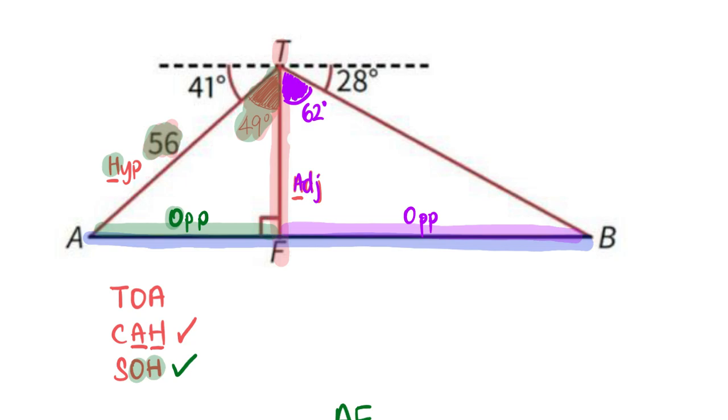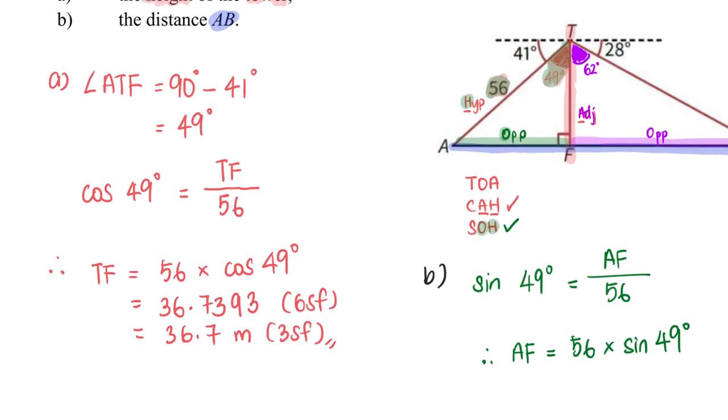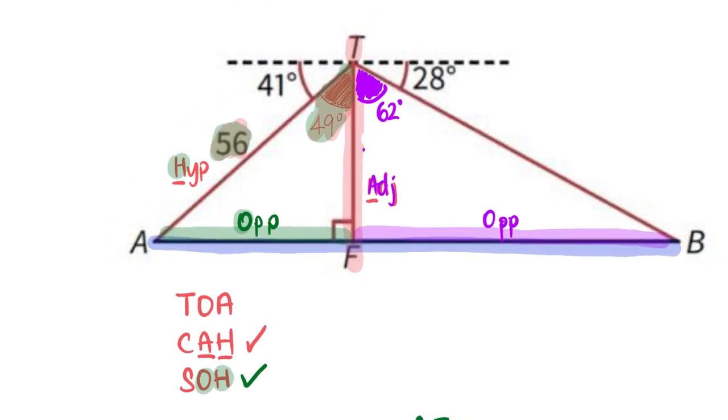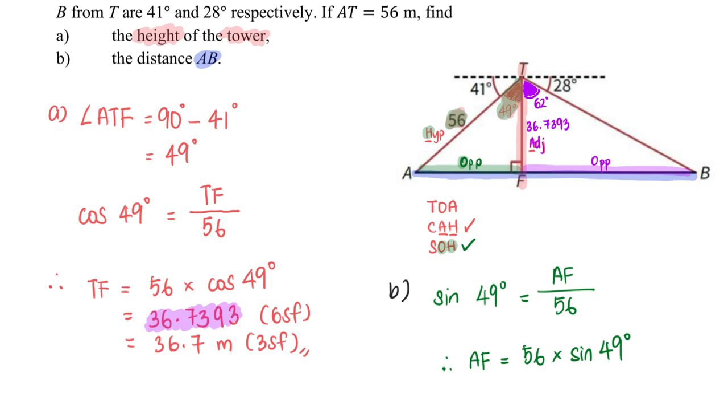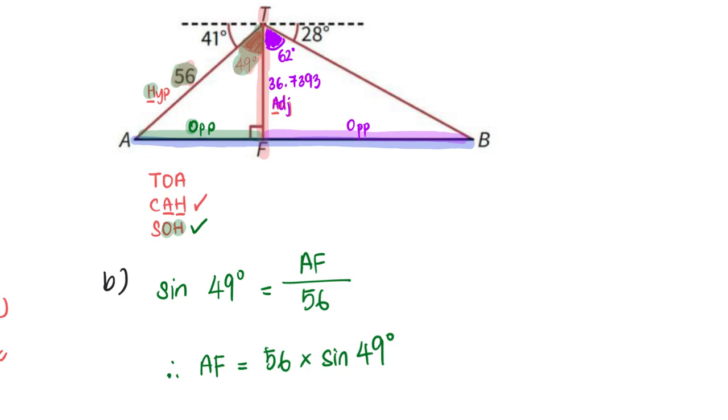So with O and A, why O and A? Because from previous part A, I know my TF, 36.7393. So I'm going to write it down there. Okay. So with that, I will then be able to apply my tangent ratio, since I have O and A, to find my BF.